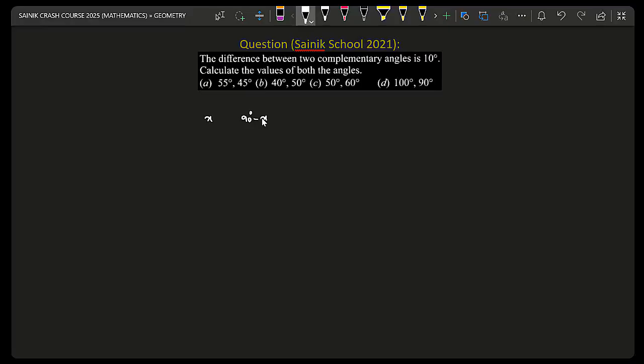Okay, now they gave one condition, that is the difference between the complementary angles is 10 degrees. So how to write that statement in mathematical form? How to write the equation? Between x and 90 degrees minus x, the difference is 10. How can we write that?